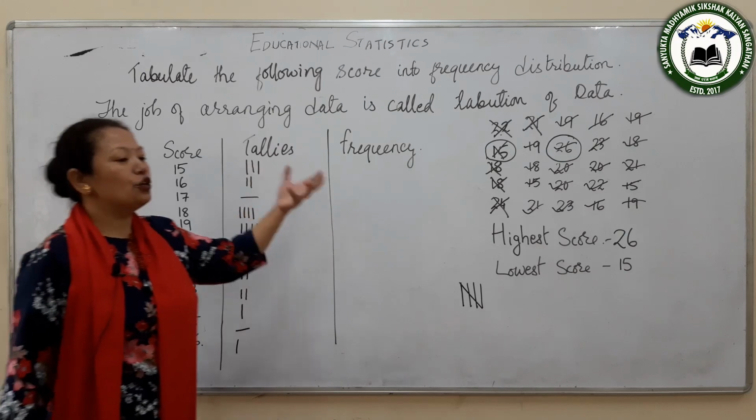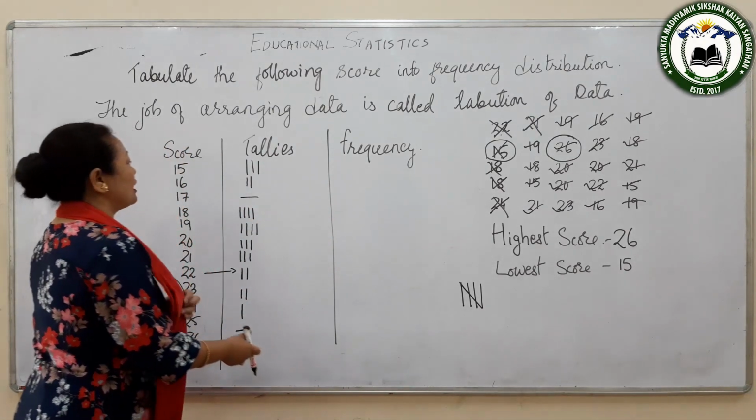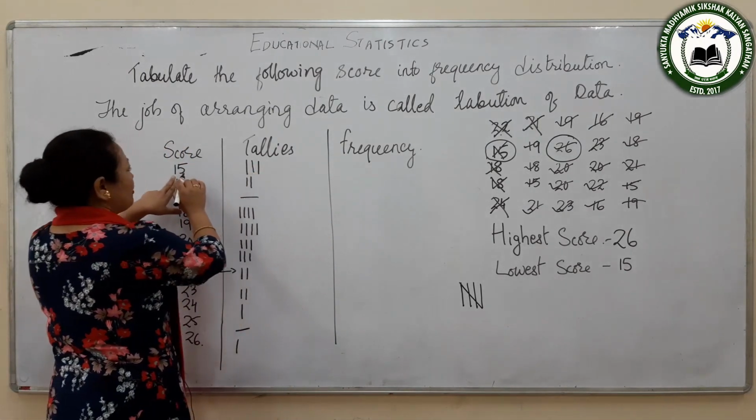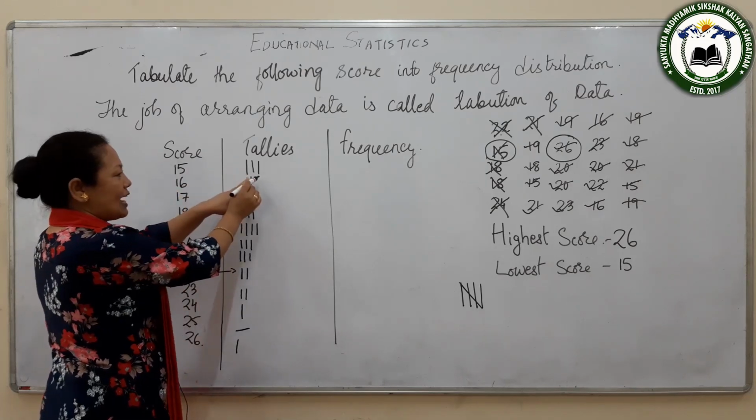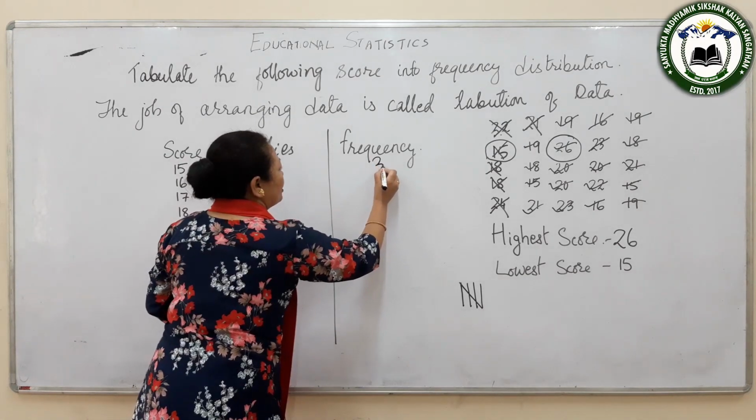Now I need numerical values. For that I'll count that 50 is repeated 3 times. So my frequency over here is 3.